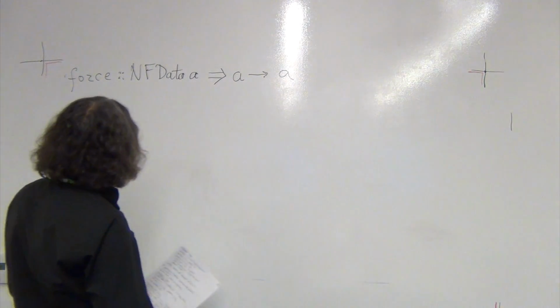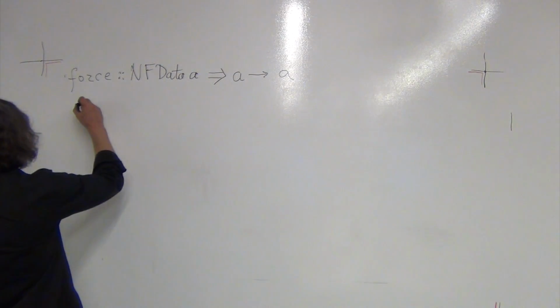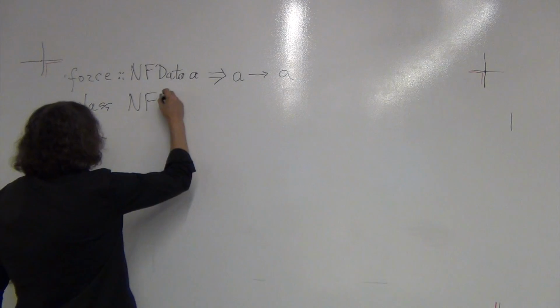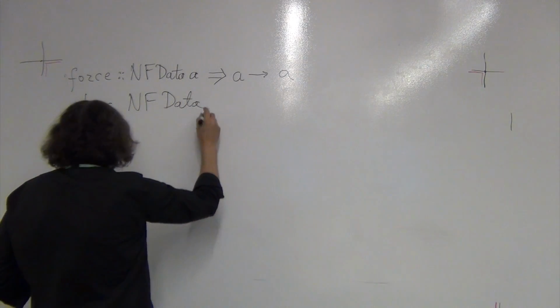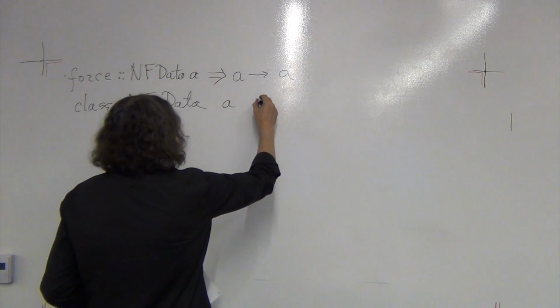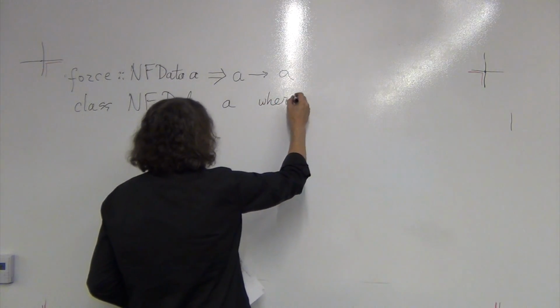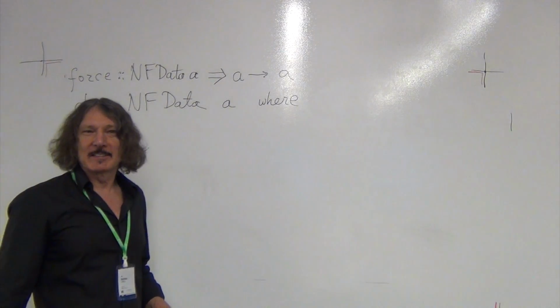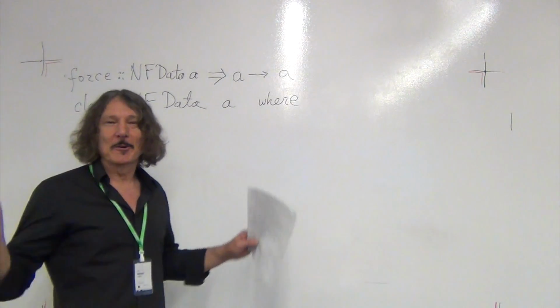So what is this class NFData? Class NFData a where. Now we started with these classes that contain type constructors, which are like higher order classes.